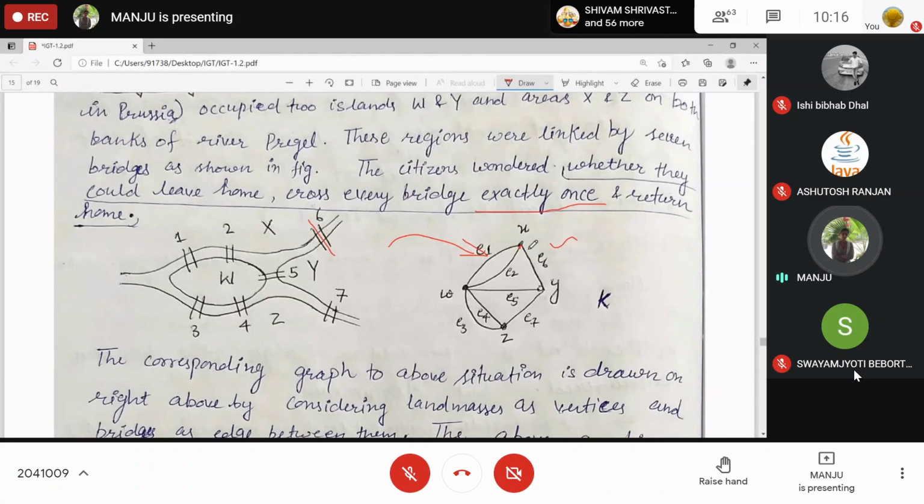So the question is whether anyone can leave X, cross every bridge, meaning every edge, exactly once, and return home. Is it possible?